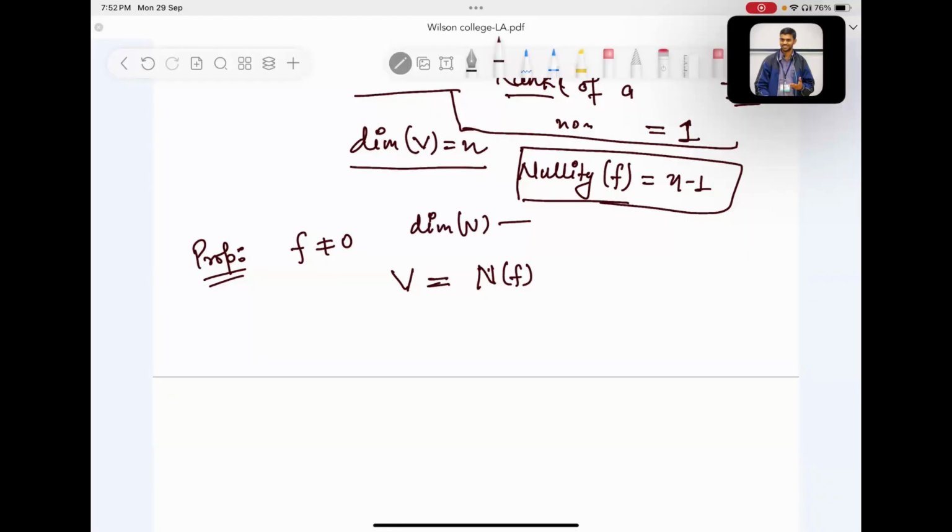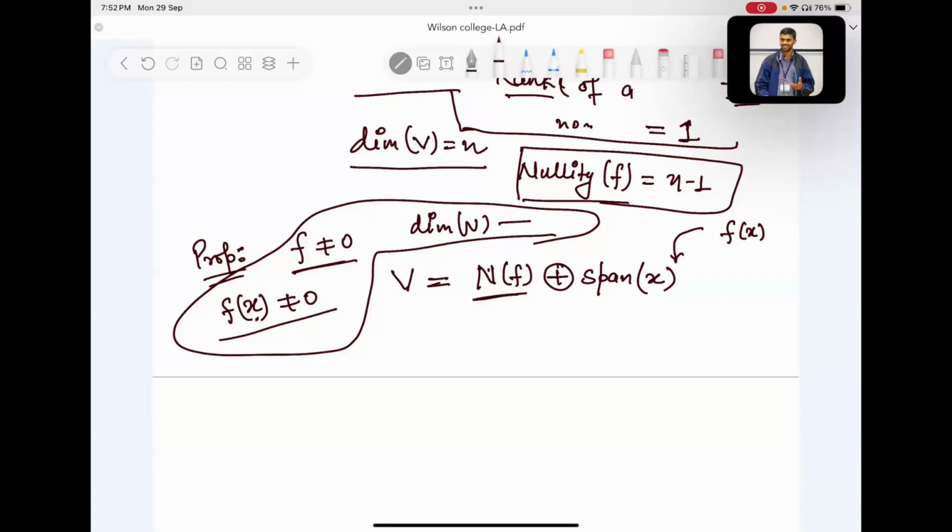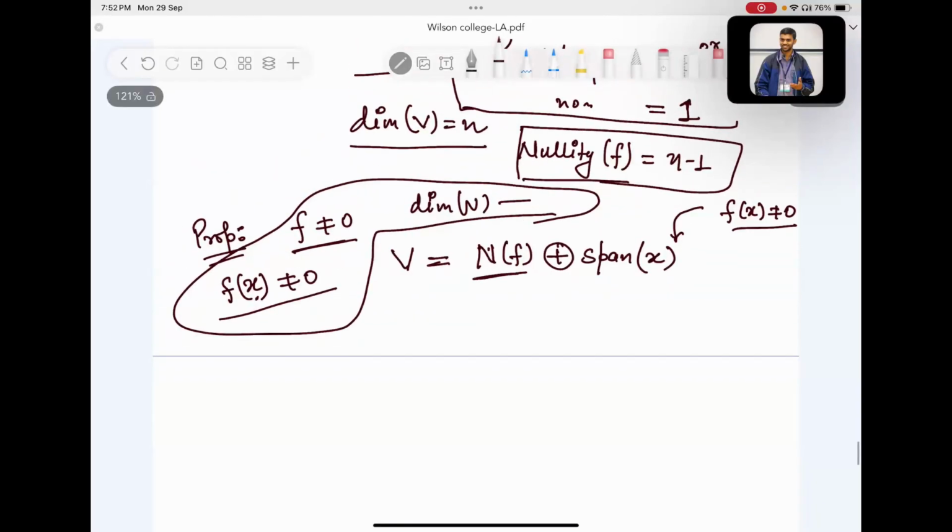Since f is non-zero, there exists some x such that f of x is not equal to 0. Then V can be written as null space of f direct sum span of this member x. What is the property of x here? f of x is not equal to 0.